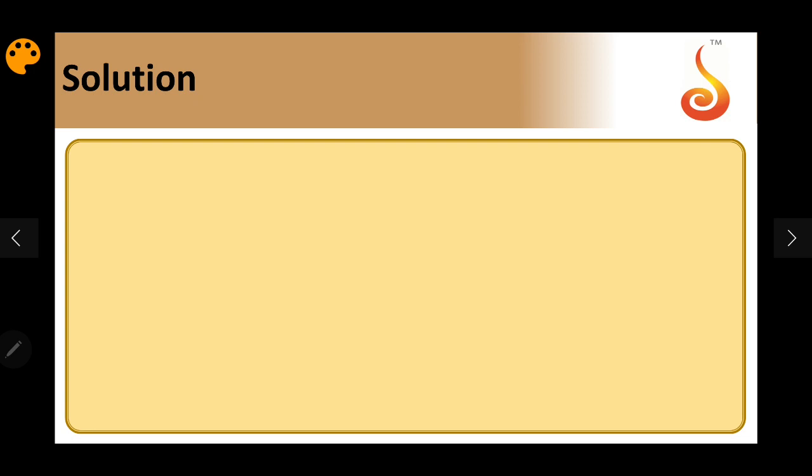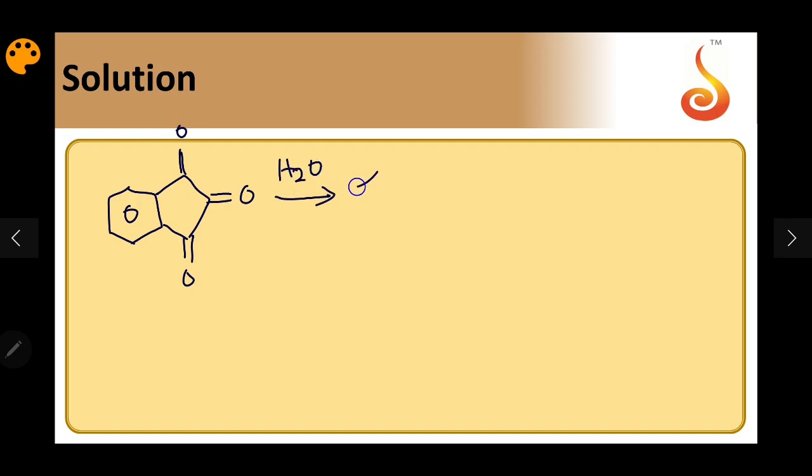the first one is given benzene. There are 3 keto groups. So if you make this a hydrate in aqueous medium, the central ketone group can convert into gem diol, because there are 2 very strongly electron withdrawing groups, so that the central ketone can become a gem diol, which is very stable.